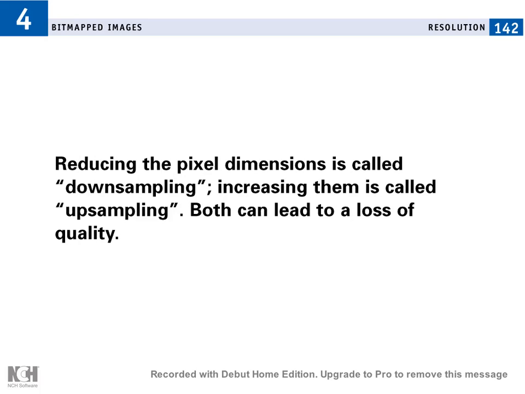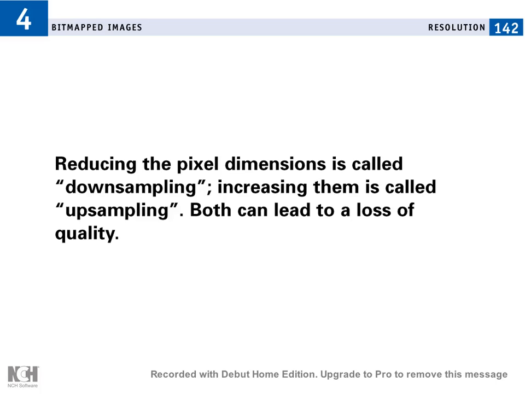If you reduce the pixel dimension, we call it downsample. Increasing the pixel dimension is called upsample. But both can lead to a loss of quality.